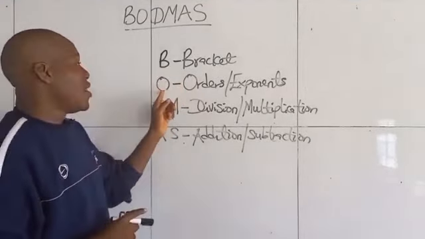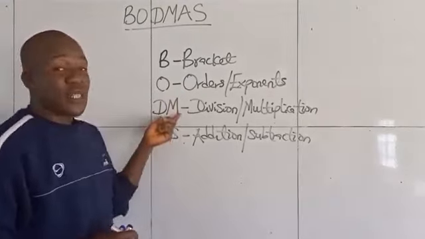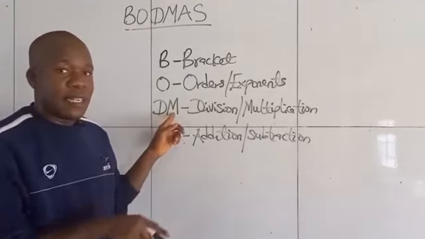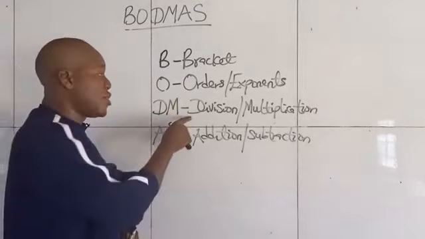When you're done with the ones that involve exponents, you look at the next order, D and M, on the same line. What this means is that division and multiplication have the same precedence. D doesn't have to come before M and vice versa. So division must not be done necessarily before M, or multiplication done before D. No, they have the same precedence.